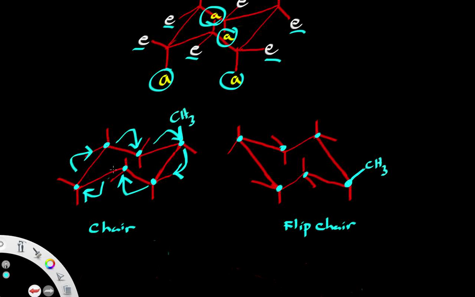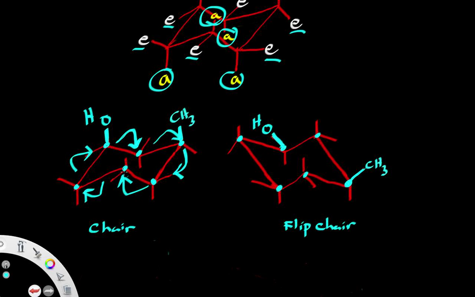Now we can add some more examples to this. For example, I can add an alcohol or a hydroxyl group over here, and this is axial. But if I flip it and move it over here, I will end up with my alcohol group over here in the equatorial position, because remember, we were axial before.